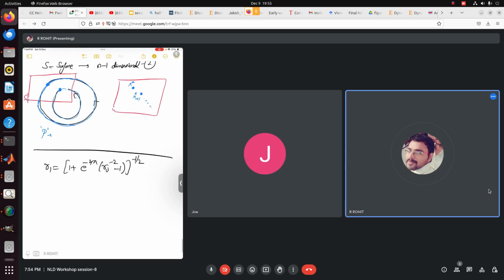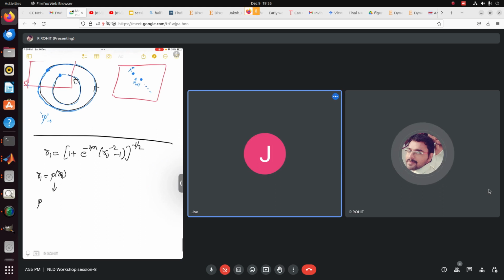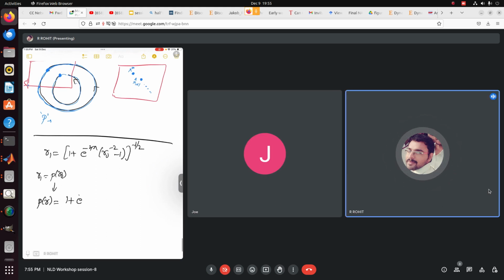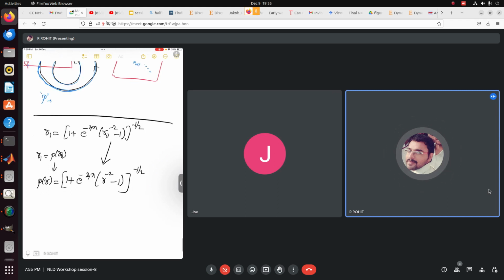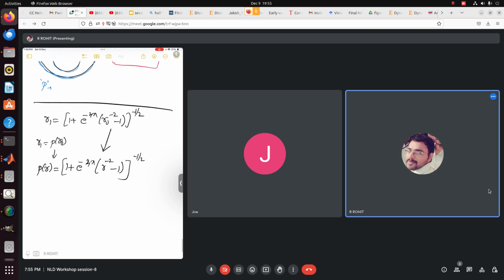So r1 was nothing but P of r naught. Now if you try to generalize this, P of r will be 1 plus e to the power minus 4 pi times r to the power minus 2 minus 1, whole to the power minus half. When you do r2, r0 will become r1 and the left hand side will become r2. So we generalized it to this.